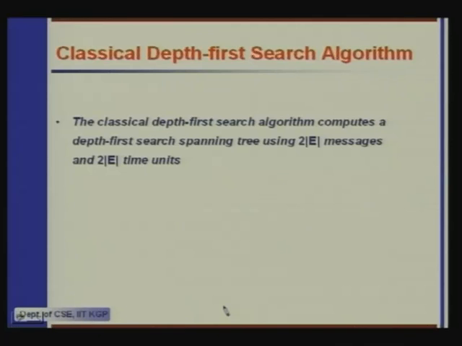2e, because in every cycle only one message is in transit, unlike in the echo where messages are being sent in parallel. Here messages are being sent sequentially. At every point of time only one message is in transit, right. So, we have 2e time units, the algorithm's time complexity will be 2e and the number of messages is also 2e, right.